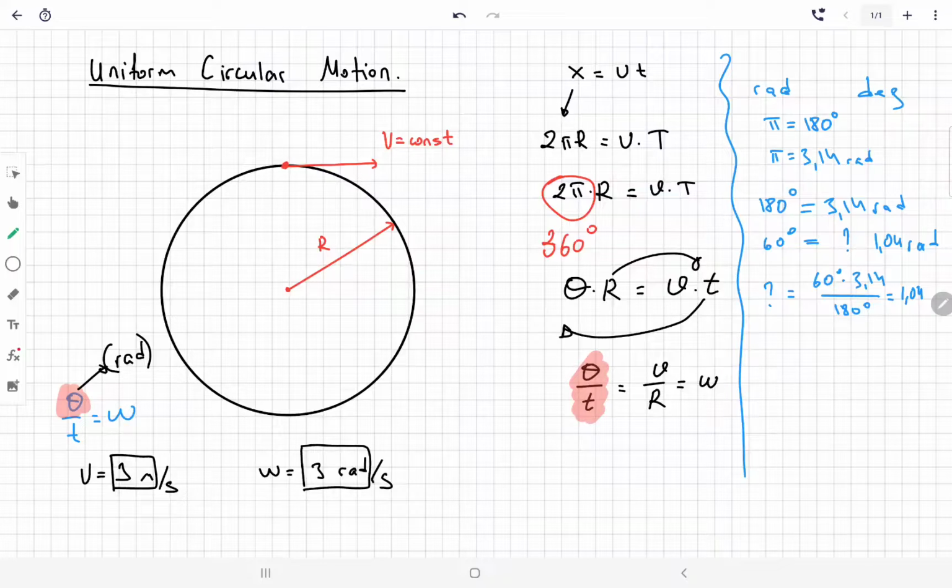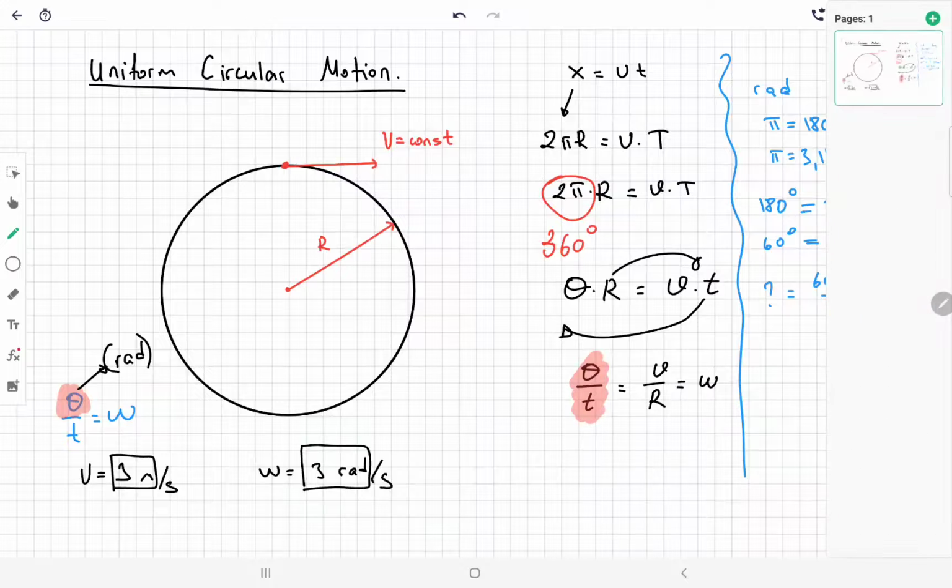So in 1 second this object rotates approximately 180 degrees. This is the meaning of the angular speed. If angular speed equals 0, it means it's not rotating, it's not moving. If it's not equal to 0, it means it's moving and doing some circle.